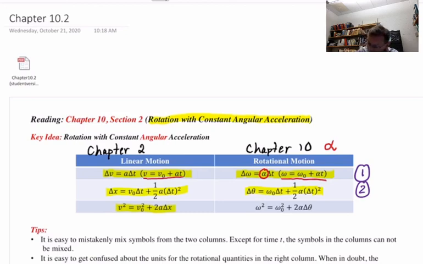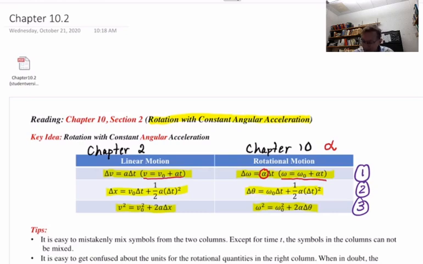What's the rotational version? Omega final squared equals omega initial squared plus 2 times alpha times delta theta. That will be constant angular acceleration equation 3. So we'll use those if we're studying rotational motion, and we know that the angular acceleration alpha is constant.